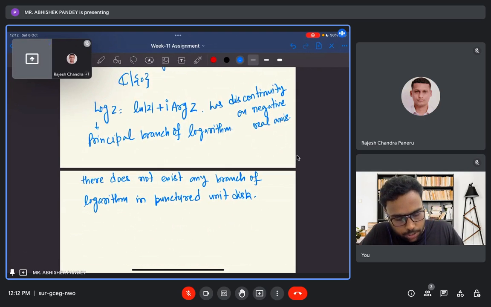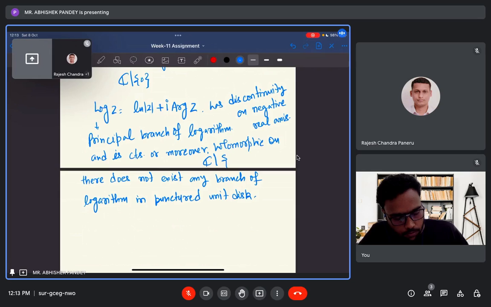So this is called the principal branch of logarithm, and it is continuous, moreover analytic, moreover holomorphic on C minus {x such that x is less than or equal to 0}.